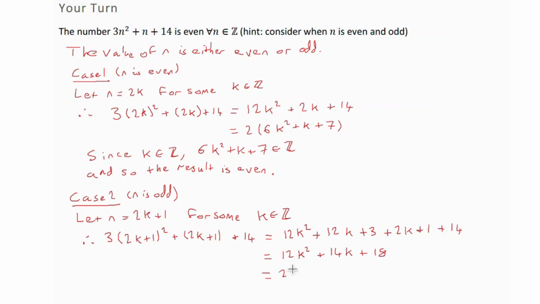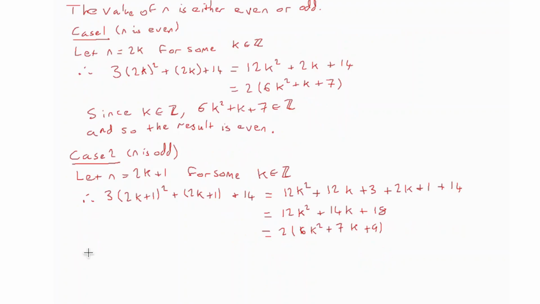And similarly, we can factorize out that 2 to get 2 times (6k squared plus 7k plus 9), which once again is even, for the same reason as we said in case 1.